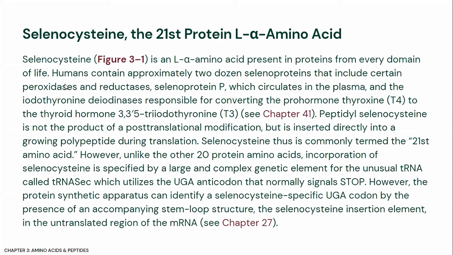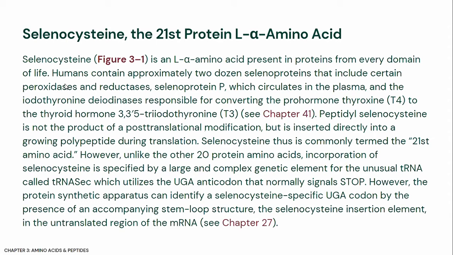Okay? That is a configuration, your L or your D, meaning its position in space. While your rotation is represented by a plus sign and a negative sign: dextrorotatory and levorotatory.